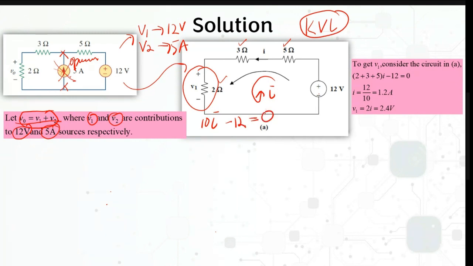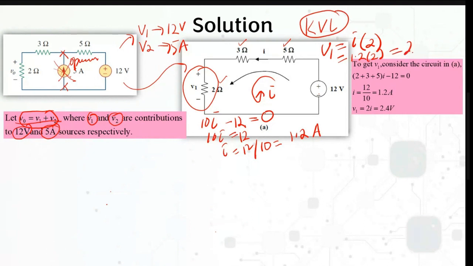So 10 I equal to 12, so I equal to 12 over 10, so your I is actually equal to 1.2 A. And how about your V1 here? V1 is obviously using Ohm's law, I times this 2 ohms. So I is equal to 1.2 times 2, so you will get your V1 is actually equal to 2.4 volts.